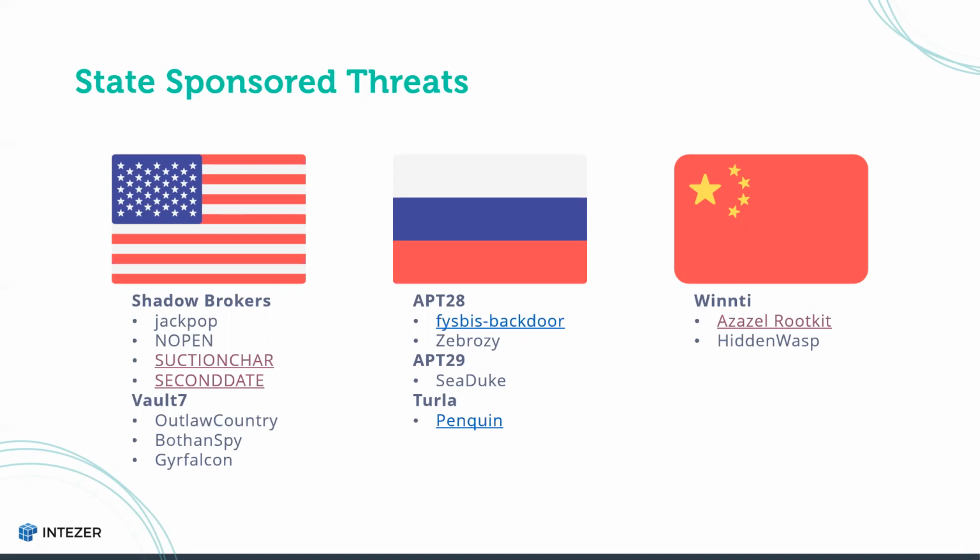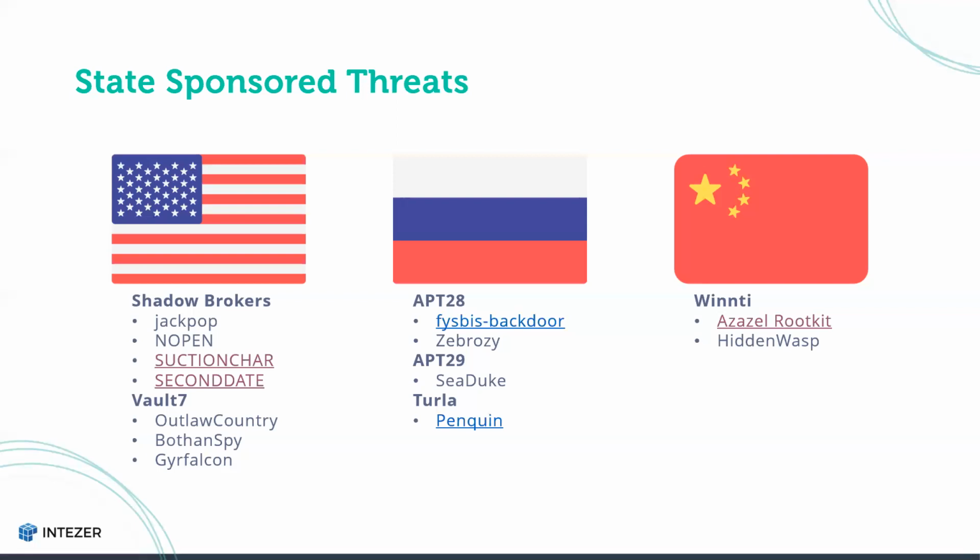Then moving to the Russian side of things, it's well known that APT28's Vist backdoor was uncovered. Sebrosi is a Go implant that doesn't really have an ELF build, but since it's a Go implant, it's very easy to port, and they probably deployed Linux-based implants.